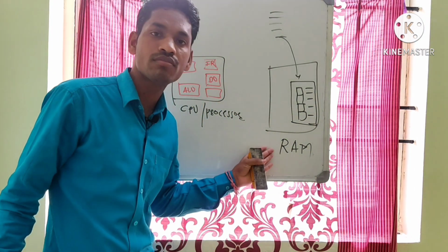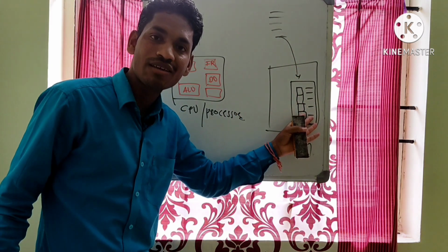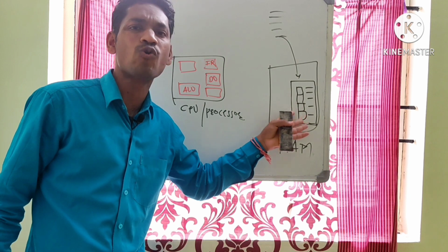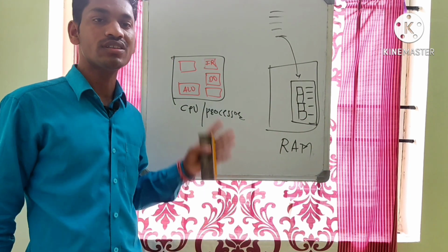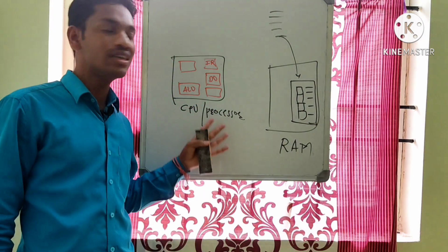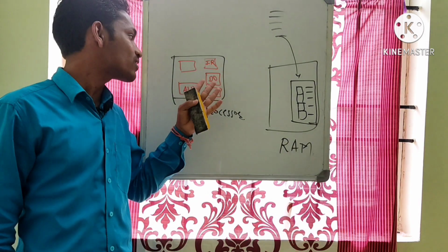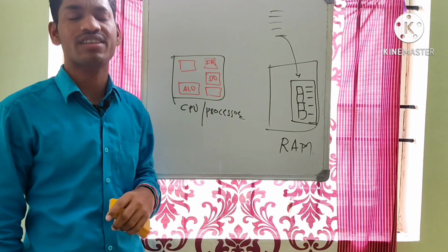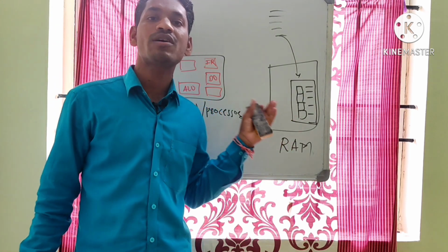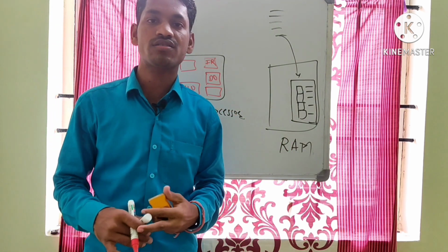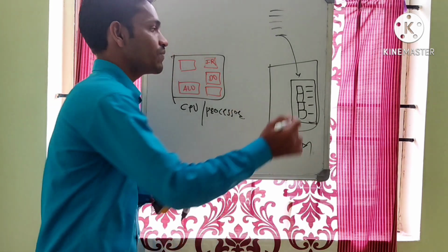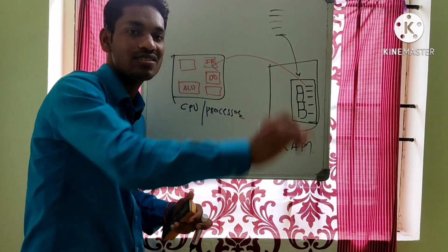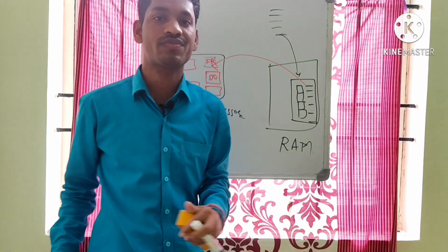This is the RAM. In this RAM, my code is available, with the stack, data, and code sections. This is the CPU, also called the processor. In the CPU there are instruction registers, decoding units, ALU, and different registers. Whenever the processor starts execution, first it fetches the instruction from the RAM and stores it inside the instruction register.